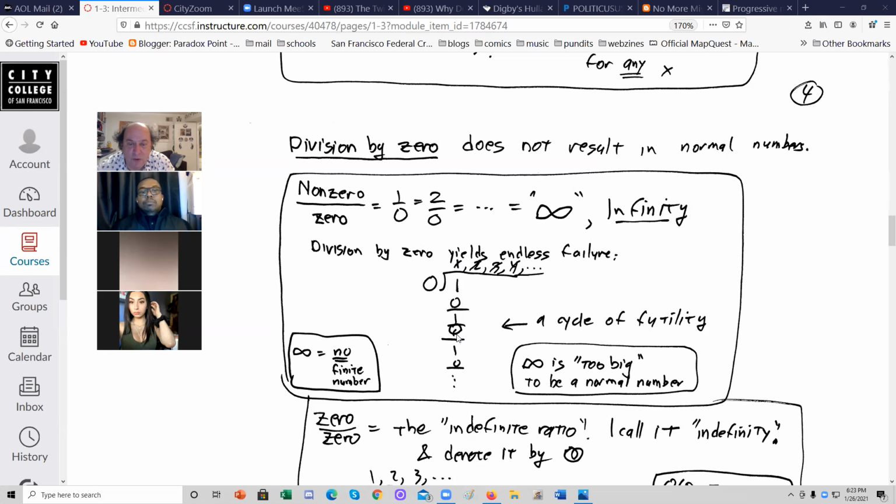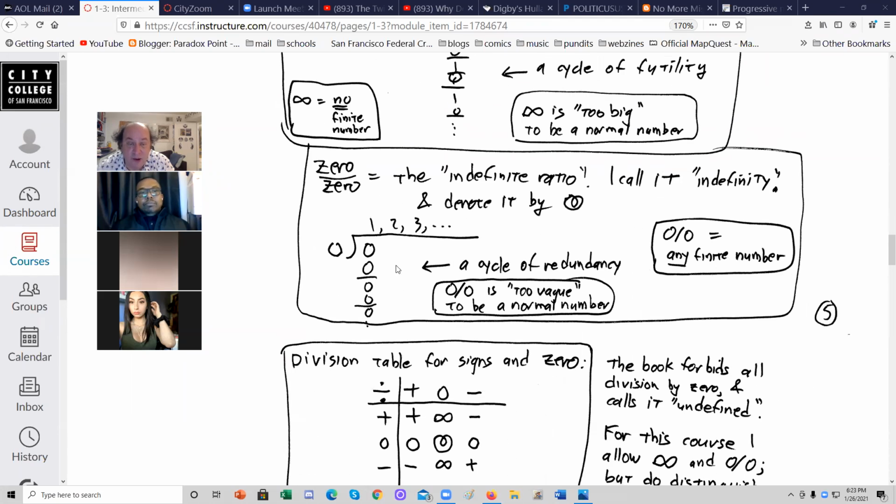Take away another 0 from 1, it still remains a 1. Take away another 0, it still remains a 1, and so on forever. I call this a cycle of futility. So whatever this infinity is, it is not 1, nor 2, nor 3, nor 4, nor etc., any finite number. It's too big to be a normal number, and therefore it's caused all sorts of trouble.